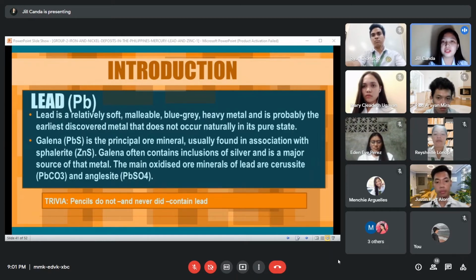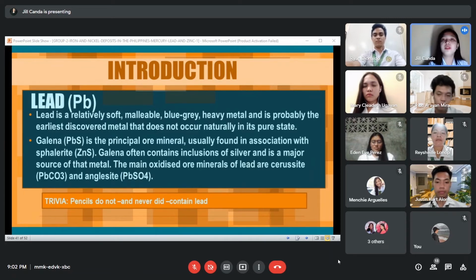But for other authors, plumbum also means liquid silver and is sometimes used to refer to soft metals more generally. Lead is a heavy metal so soft that it can be scratched with a fingernail or cut with a knife, but it is at the same time malleable, meaning it can be formed into other shapes without breaking or cracking, like rolling into a sheet.